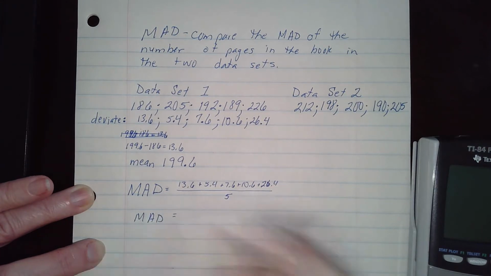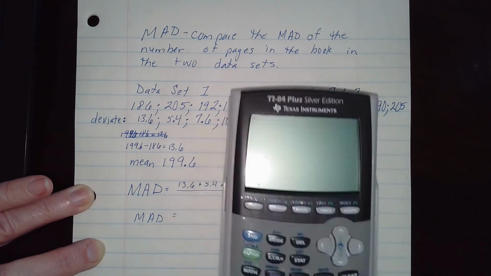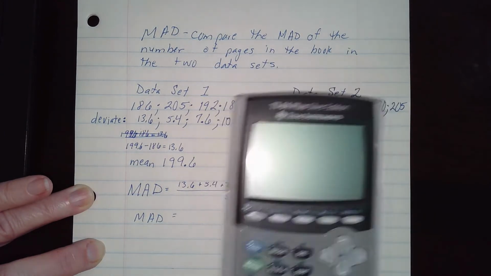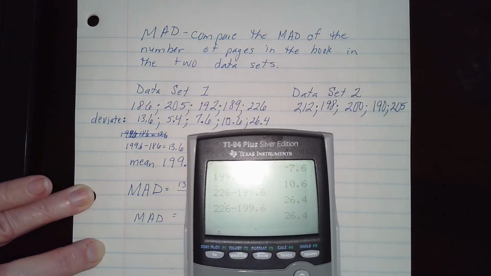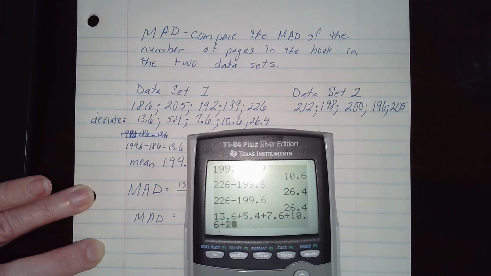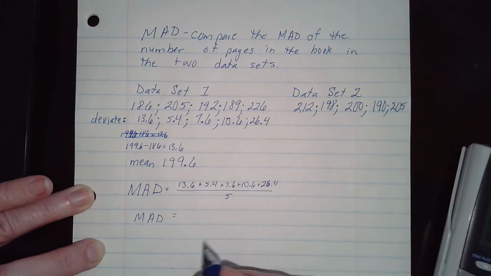So the MAD for that value is going to be, let's see, 13 and 6/10 plus 5 and 4/10 plus 7 and 6/10 plus 10 and 6/10 plus 26 and 4/10 for a total of 63 and 6/10. Dividing by 5, I've got a mean absolute deviation of 12 and 72 hundredths.